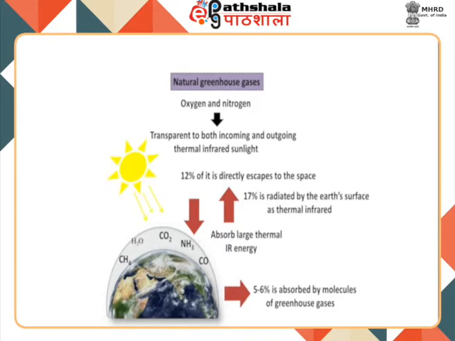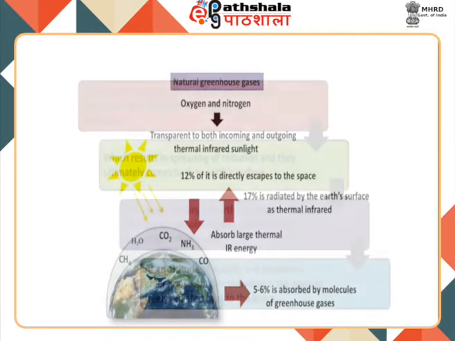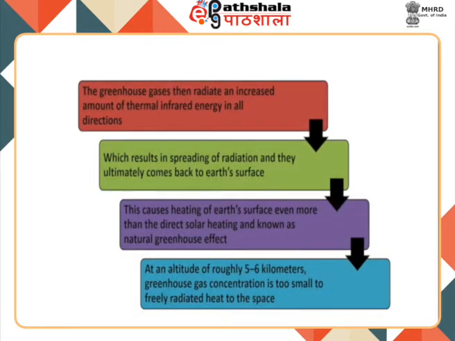The remaining fraction of incoming solar energy, that is 5 to 6%, is absorbed by molecules of greenhouse gases, which are then radiated by the Earth's surface. The greenhouse gases radiate an increased amount of thermal infrared energy in all directions. This results in the spreading of radiation. They ultimately come back to the Earth's surface.